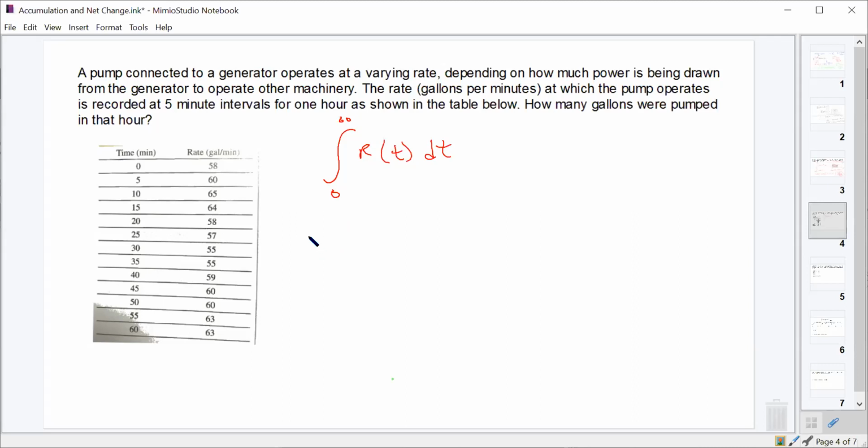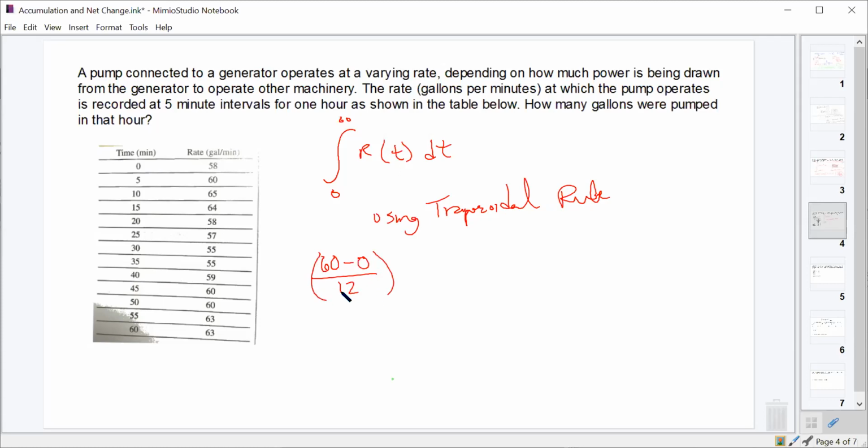So, trapezoidal rule says H over 2, right, which is b minus a over n. So b is 60, a is 0, 60 minus 0 over n. How many subintervals do I have here between 0 and 60 if I have 5-minute intervals? 12.